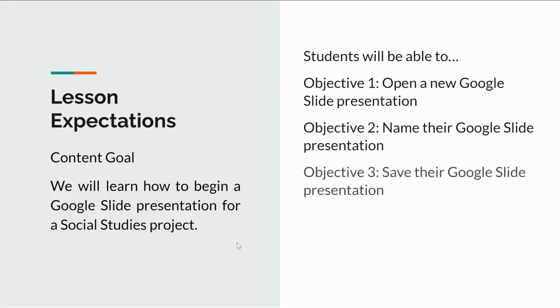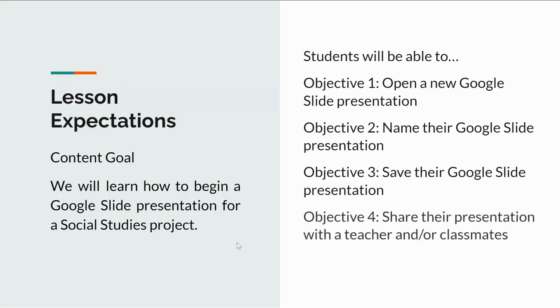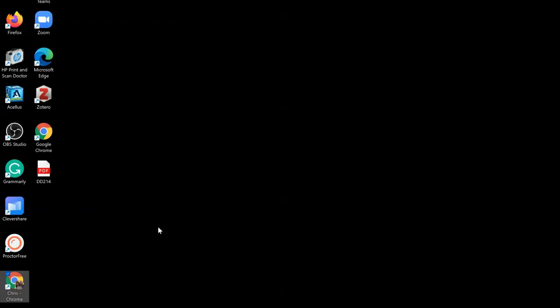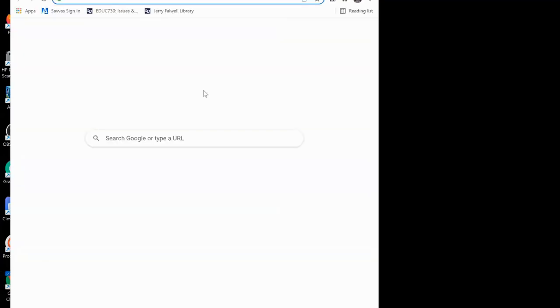The third objective is to be able to save your Google Slide presentation in your Google Drive or in a Drive folder. And lastly, to be able to share your presentation with a teacher or other classmates.